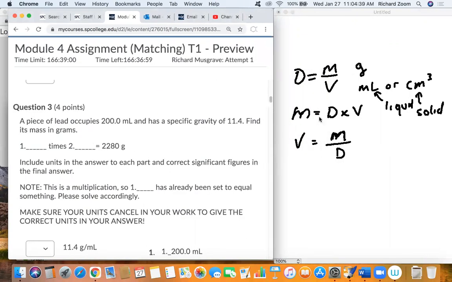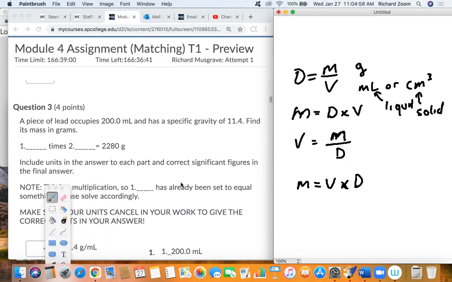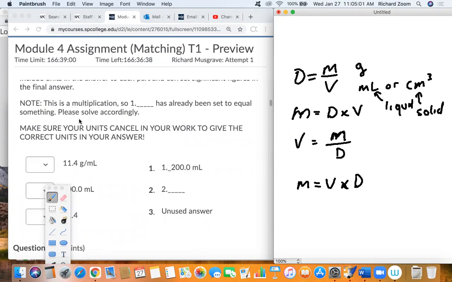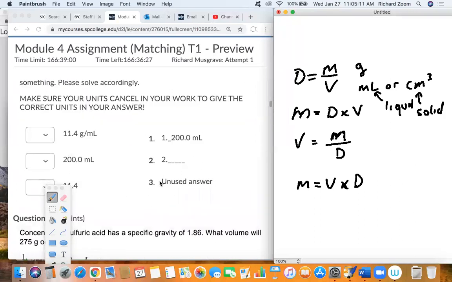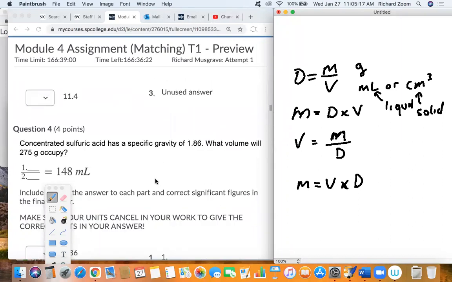You'll notice that this is looking for a mass, and mass is density times volume, but you've got to remember that if it's density times volume, mass can also equal volume times density. So it can go either way. So you need a way to be able to distinguish between answer 1 and answer 2, whether it's volume or density. And what I've done here, I said this is multiplication, so number 1 already has been set equal to something, please solve accordingly. Number 1 has been set to the volume, which means number 2 must be the density. So I want you to keep that in mind when you're solving some of these Module 4 assignment problems.